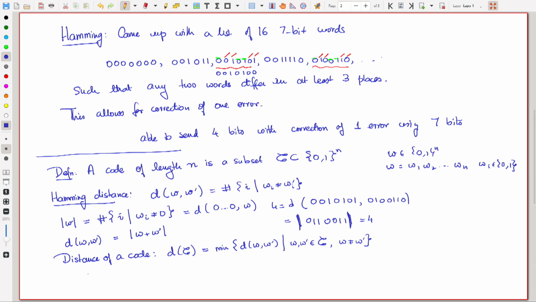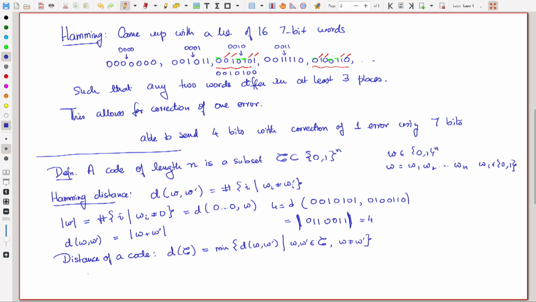So, what you can do is you can just list these 16 words in Hamming's code, and you can say, okay, this corresponds to 0000, this corresponds to 0001, this corresponds to 0010, this corresponds to 0011, and so on.